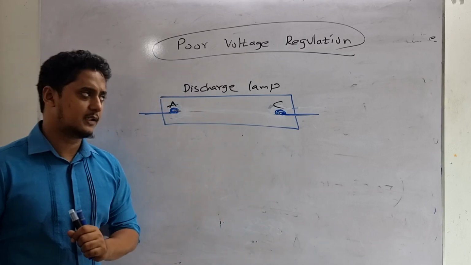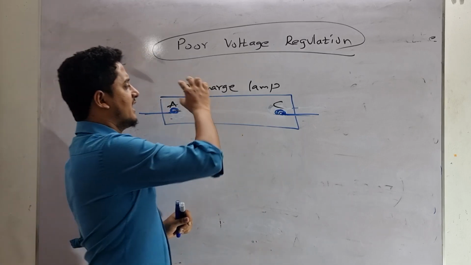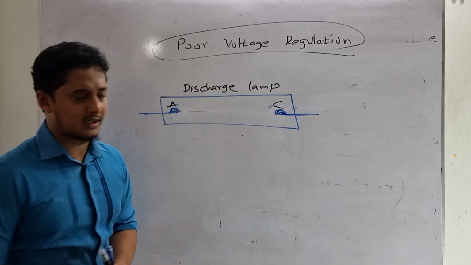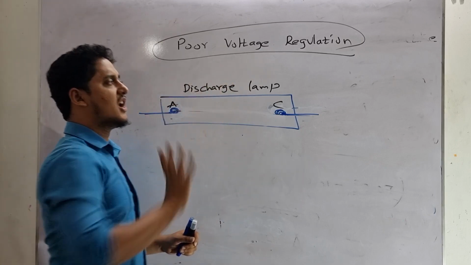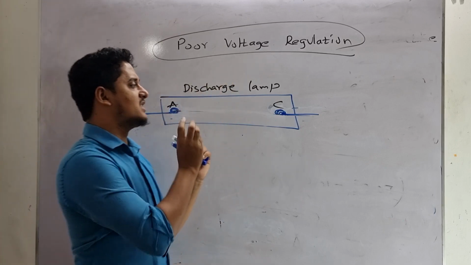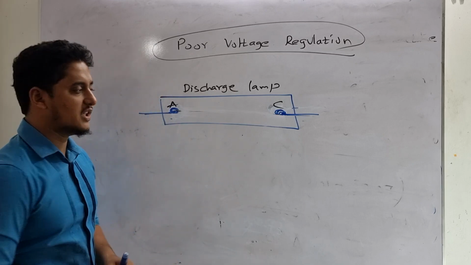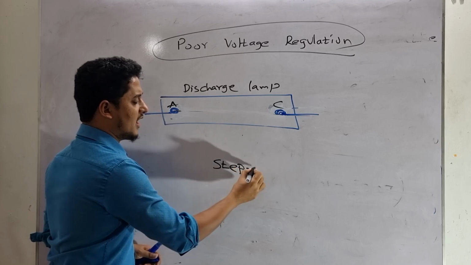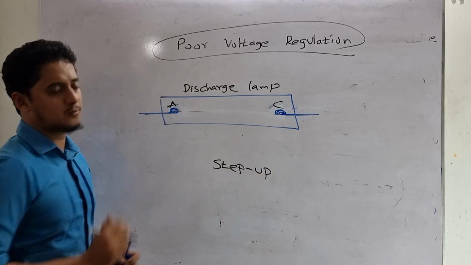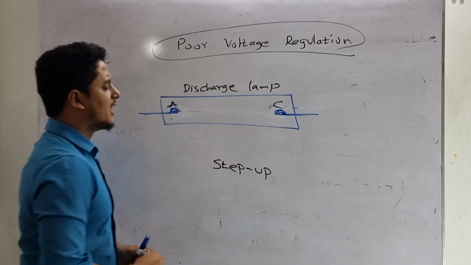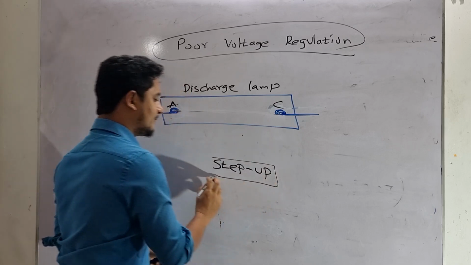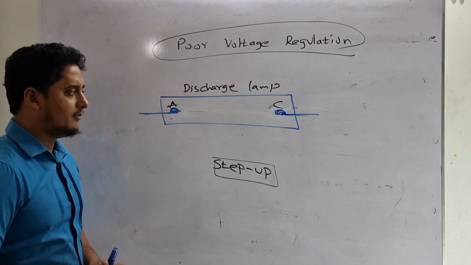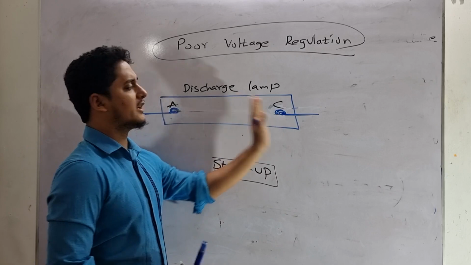For example, consider the discharge lamp. In this discharge lamp we are using a step-up transformer. So why are we using a step-up transformer? In this discharge lamp we have an anode and cathode.